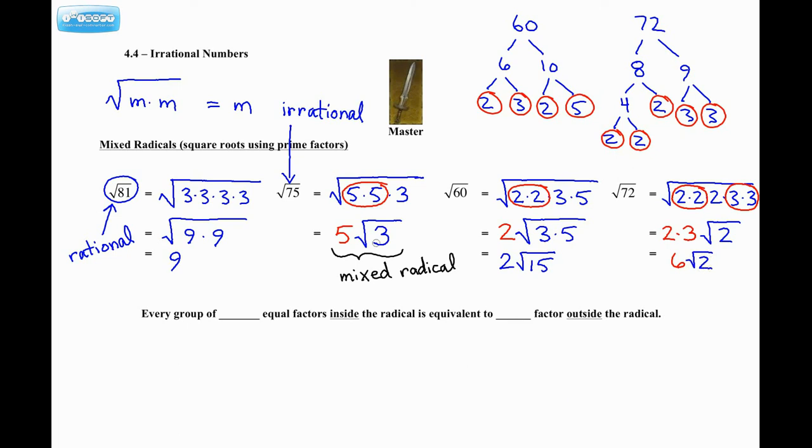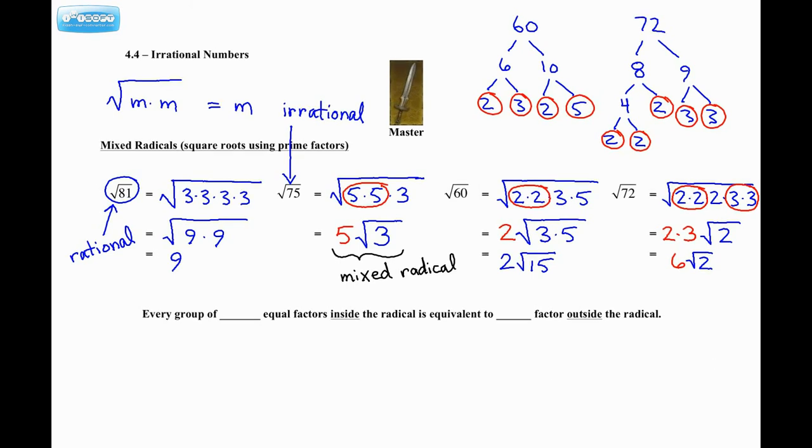So these 3 are what we call mixed radicals. The remaining radical, the number inside, is as small as possible. Just to summarize, when we're breaking these down, every group of 2 equal factors inside the radical is equivalent to 1 factor outside the radical.